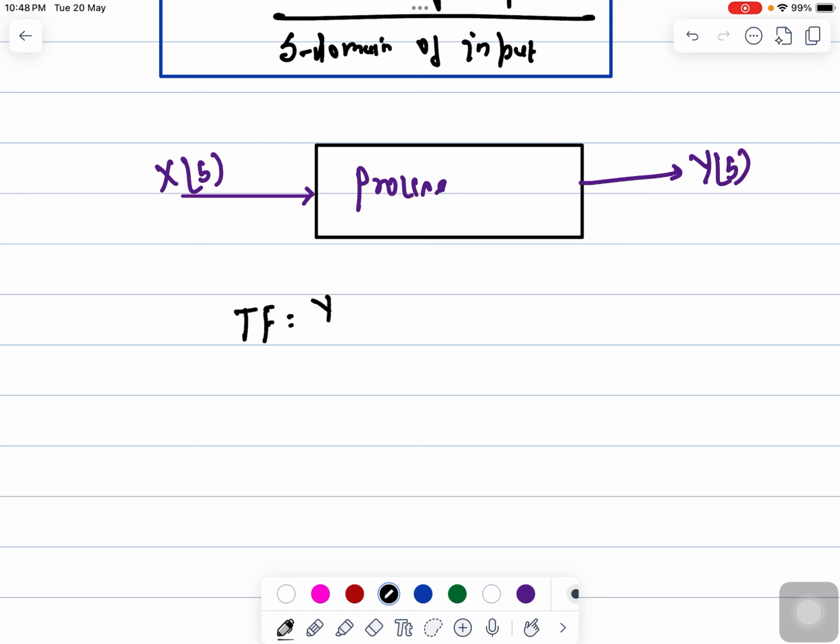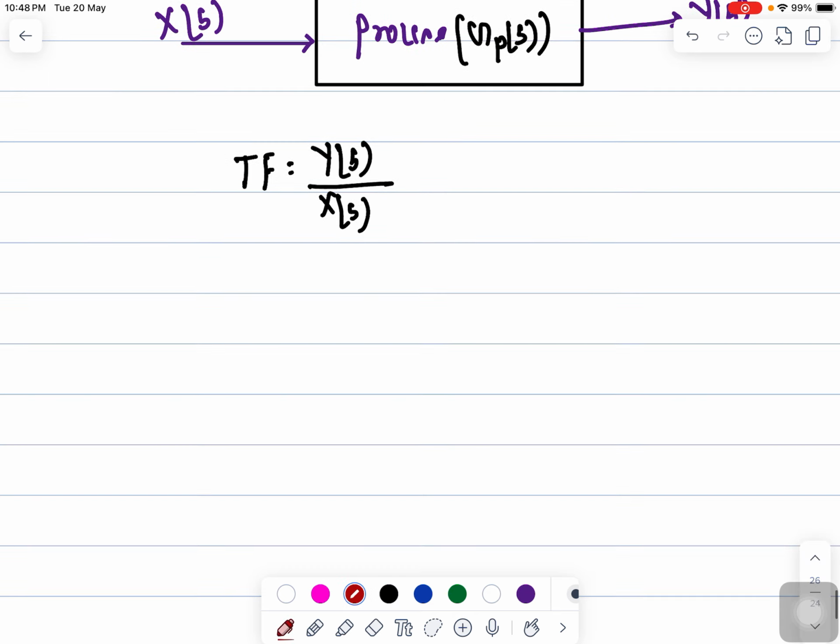Let's say the transfer function of this process is Gp(s). Whenever I write the transfer function of a process, I'll denote it with Gp(s), where Gp is in the S domain, meaning the Laplace transform of the t domain. So the transfer function of any process Gp(s) is the output in S domain divided by the input in S domain. Is that clear? I hope till now this is clear.